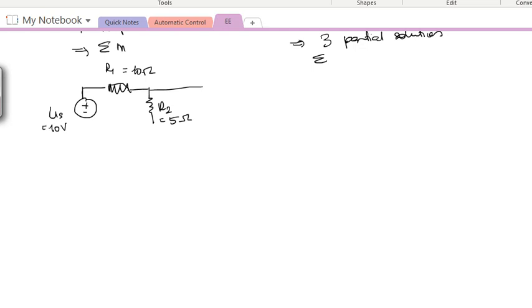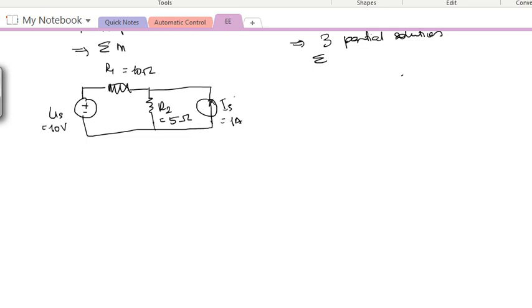another power source, but this time instead of a voltage source, you have a current source, right? You have current source IS equal to, let's say, 1 amp, and that is the complete circuit.